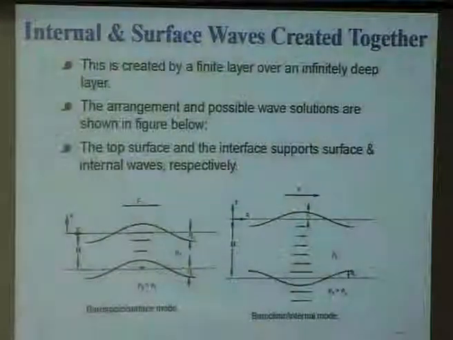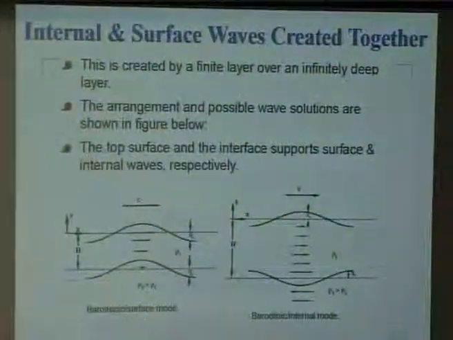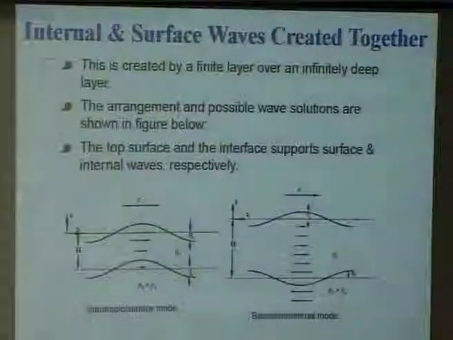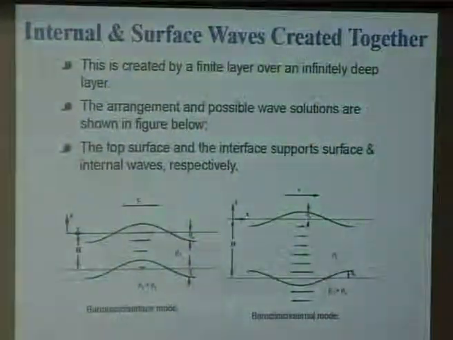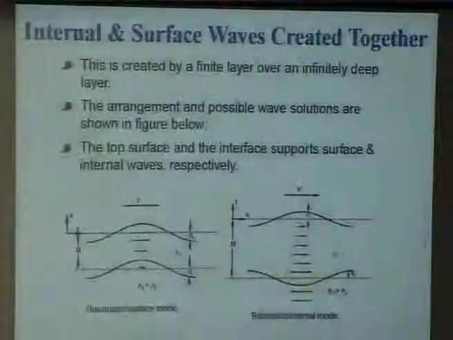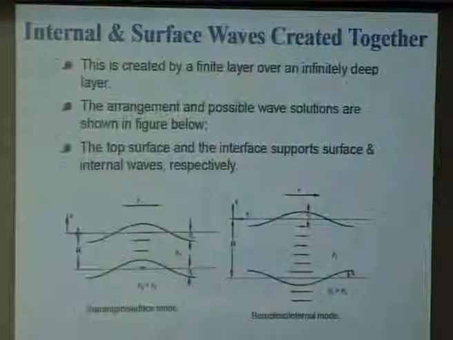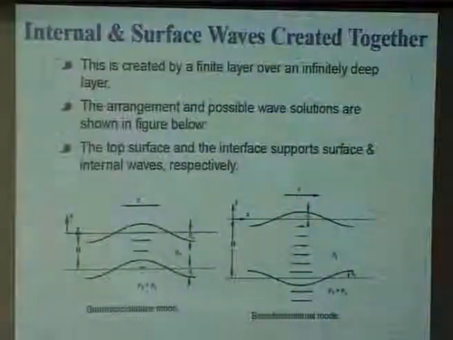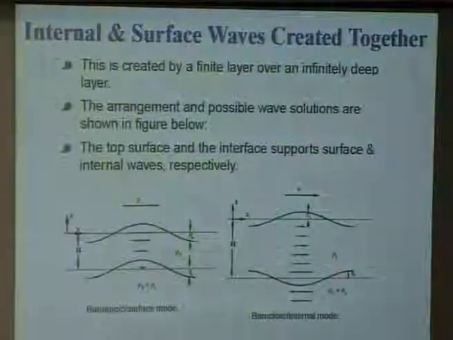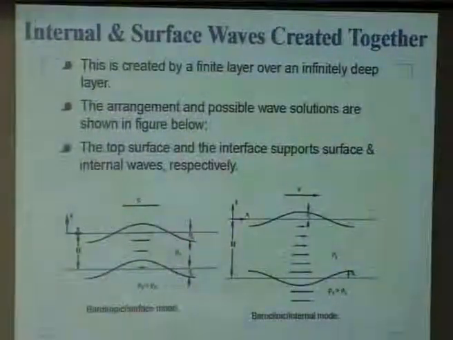So, what happens is, in the first case we see that the surface gravity wave and the internal wave are in phase, and this is what is called a surface mode or barotropic mode. I would not go into it, but this has got something to do with weather prediction terminology. Here the pressure and density go in phase, that is why it is called barotropic mode.